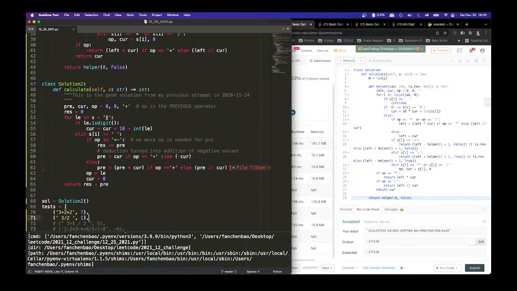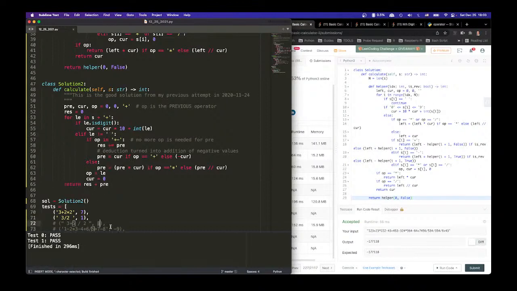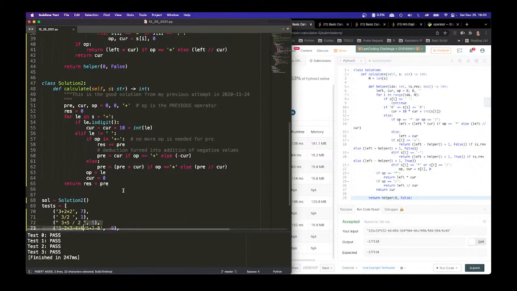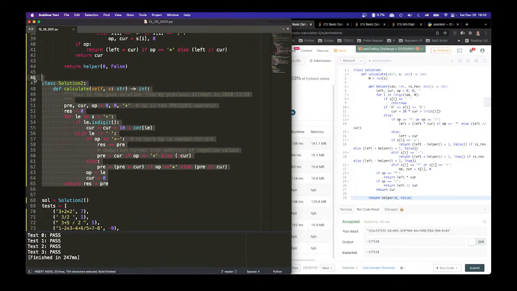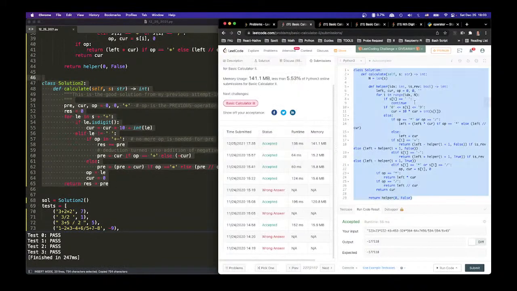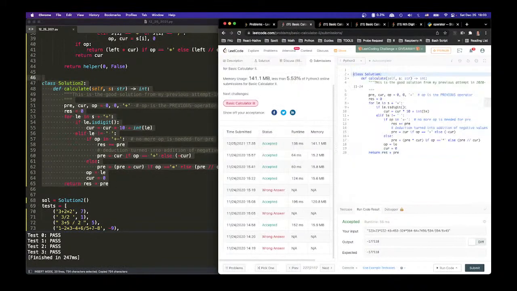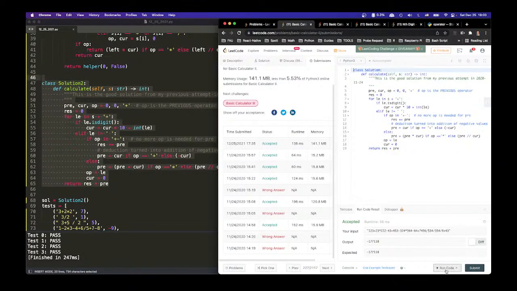It's fine. So if letter dot is, oh, what the hell, man? There we go. That's the case. Okay, let's try this. Run this. All right.